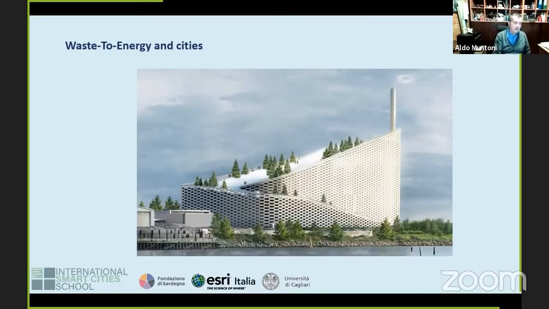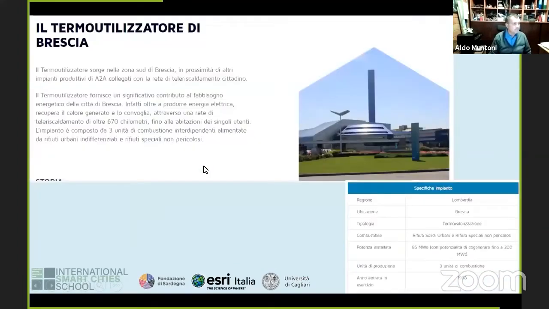So I really hope that we do not need to build incinerators anymore. But I also have to underline that the approach in other countries to this kind of problem is much more rational, I would say, than we can see in Italy.